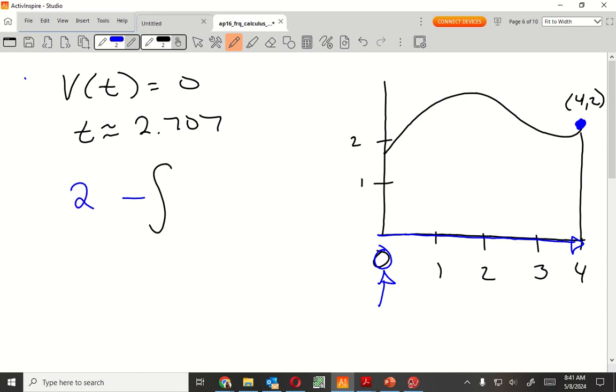My starting point is at 2, then I'm going to subtract the integral, and that's going to give me some point over here. So my integral is from 0 to 4 of my function 1 plus 2 sine of t squared over 2 dt.